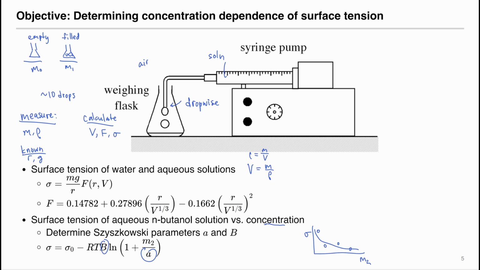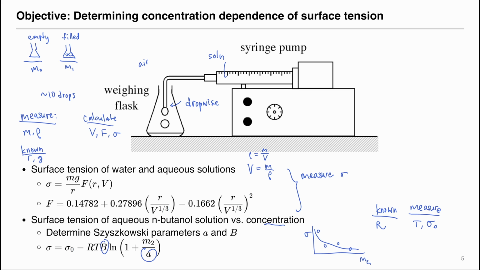So R is known, and we want to measure the ambient temperature of the room and the surface tension of water, which we can measure using this procedure.